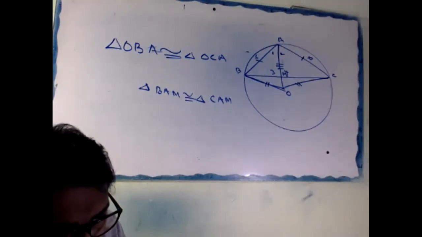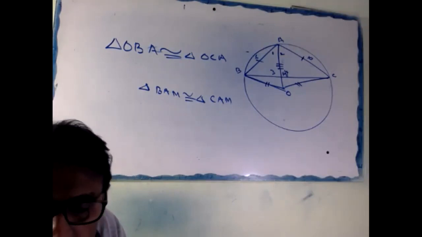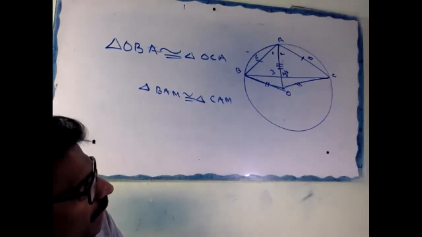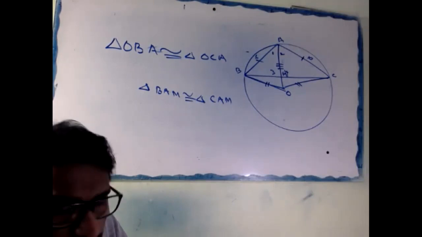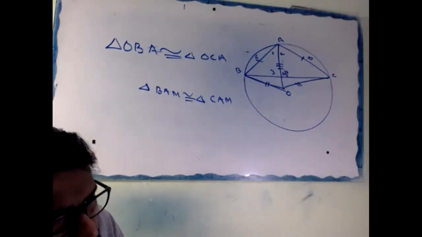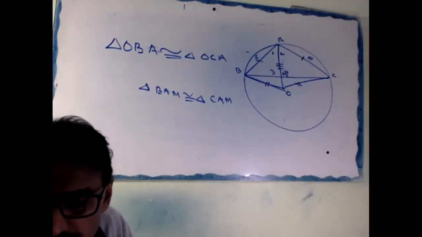Okay. Now, using Heron's formula, you find the area of triangle OAB. OA is 5, OB is 5, AB is 6. You find out now.